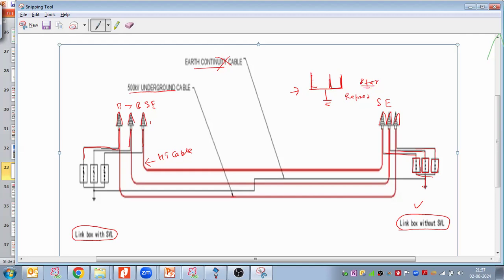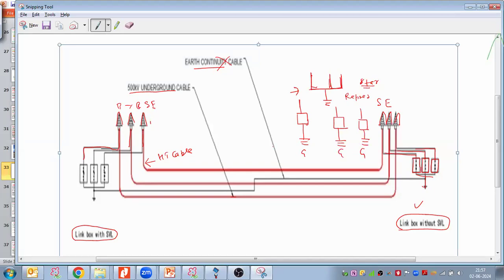No star making. Take the screening, put in the link box, separate grounding. Now what we see, this ground is common, right?